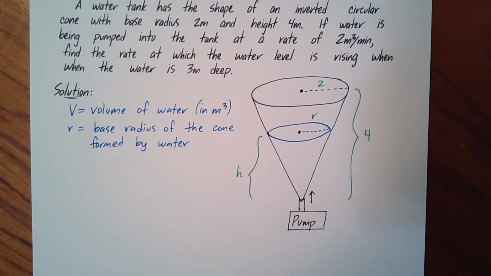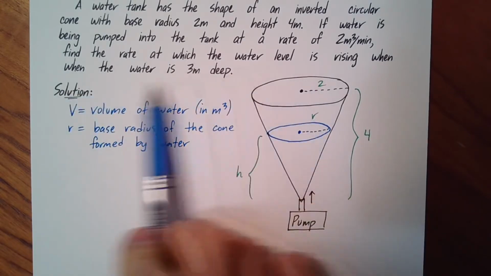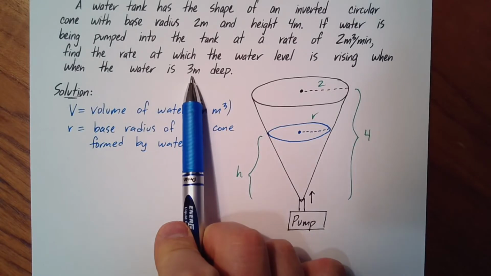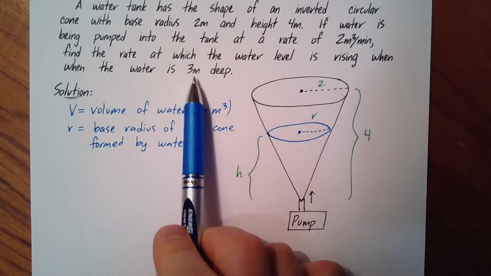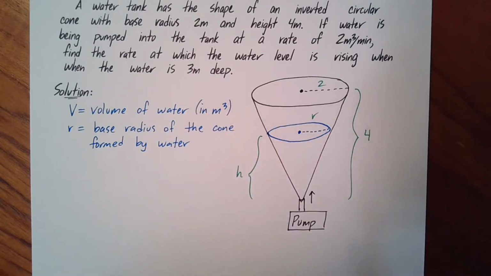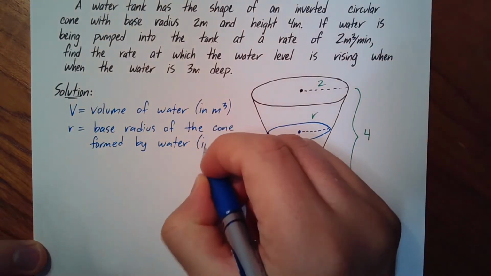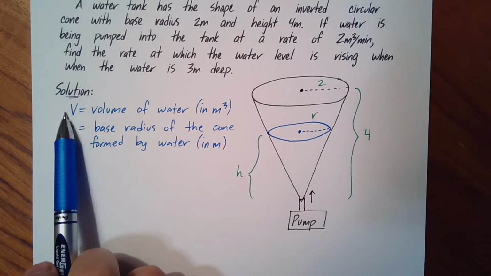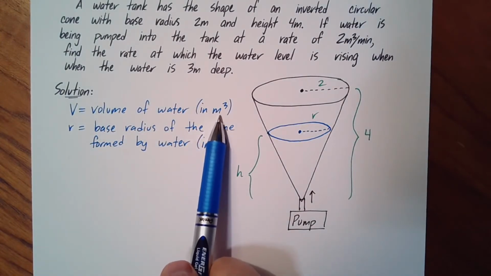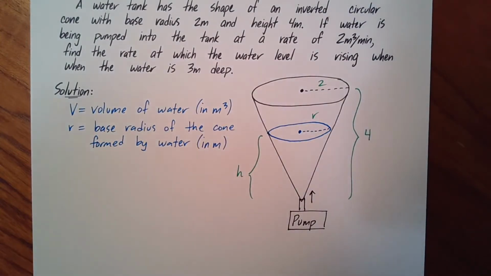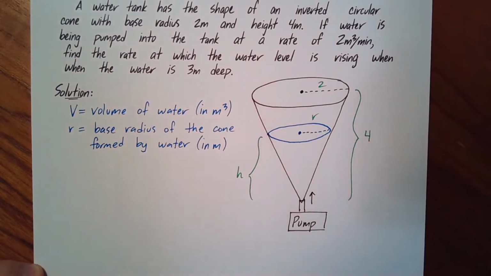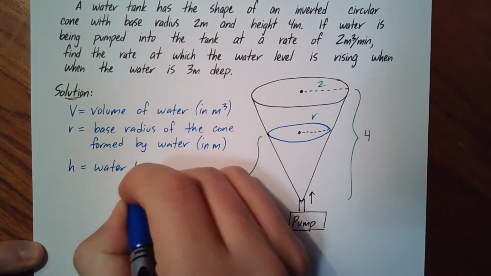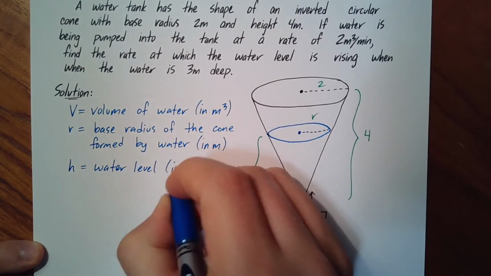Well, it looks like the water level is measured in meters at some point. So that's a parameter corresponding to length or distance as well. So why don't we stick with that? Let's use meters to measure the radius, and then that way it'll be compatible with our volume, which is measured in meters cubed. So those units will be compatible. And for H, that's going to be our water level, and that'll also be in meters.